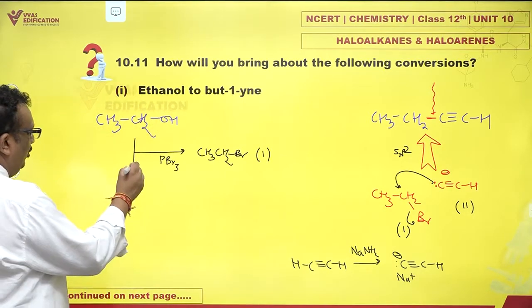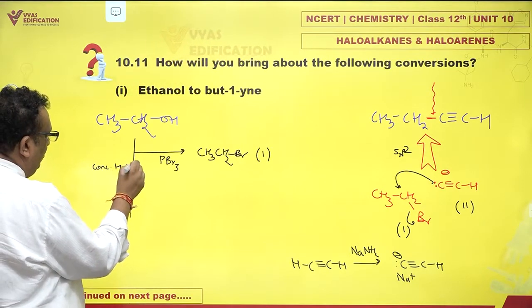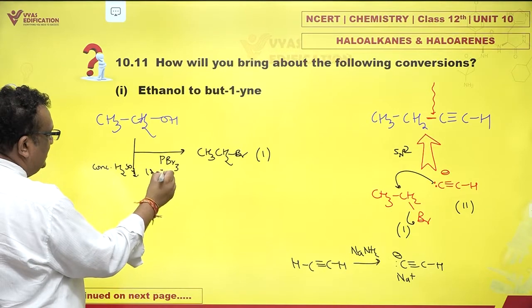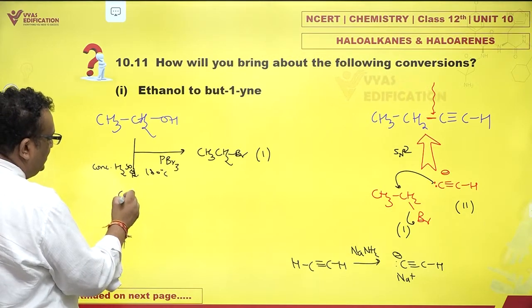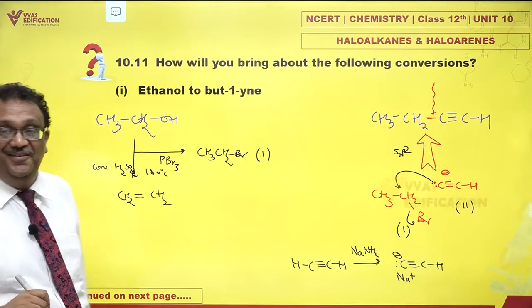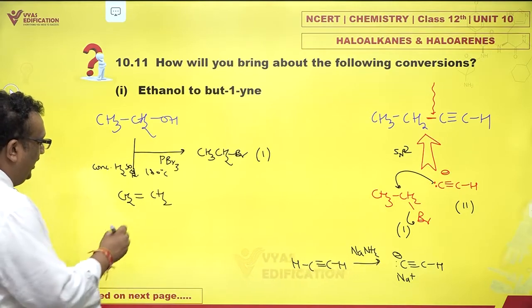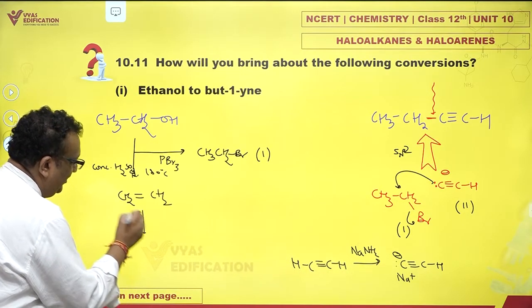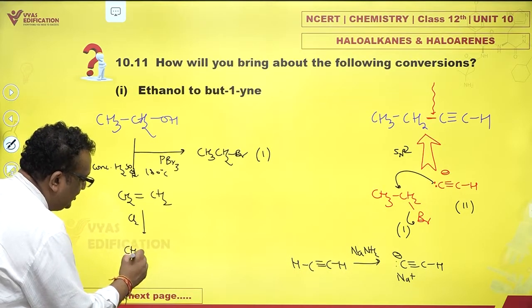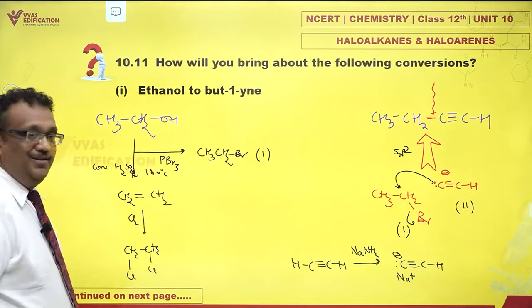Else, I could also use concentrated H2SO4, 180 degrees Celsius heat, and I'll get CH2=CH2, I get alkene. I have to prepare alkyne, so at least let me get to alkene. And then, if I add chlorine, I get CH2Cl-CH2Cl, yes.